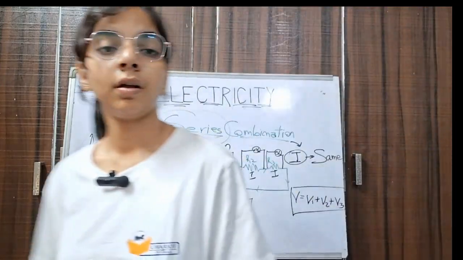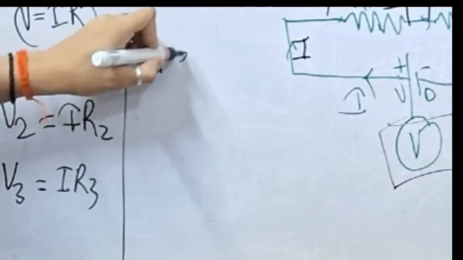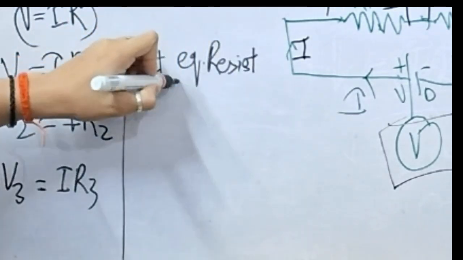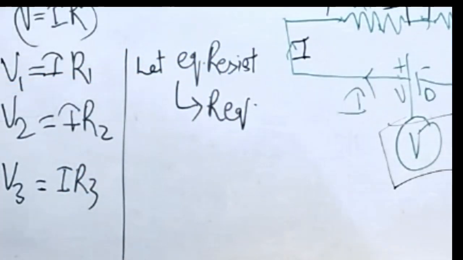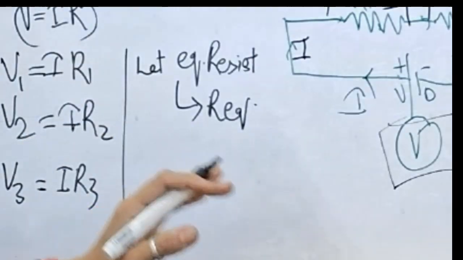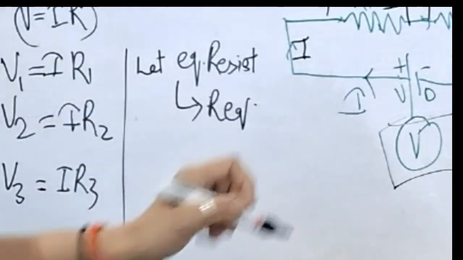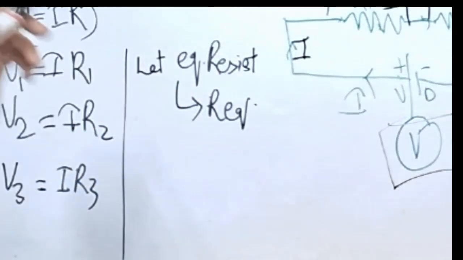And one more thing: let us suppose that the equivalent resistance is R equivalent and the current flowing through the circuit is I. So if we apply Ohm's law for the whole circuit, means for the equivalent resistance, for the current I and for the potential difference V, what will we get?